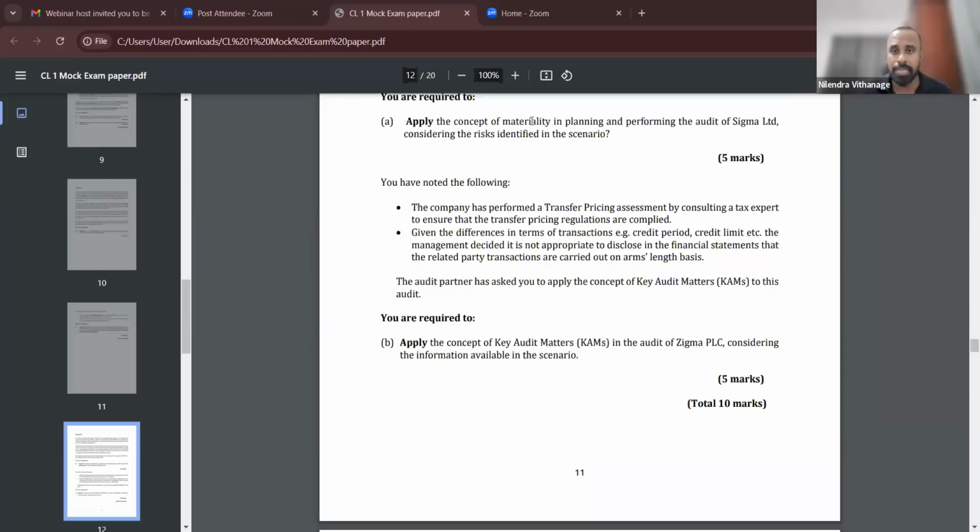Given the differences in the terms of the transactions, for example credit period and credit limit, the management decided it is not appropriate to disclose in the financial statements that the related party transactions are carried out on an arm's length basis. The audit partner has asked you to apply the concept of key audit matter to this audit. Can you put a key audit matter here?